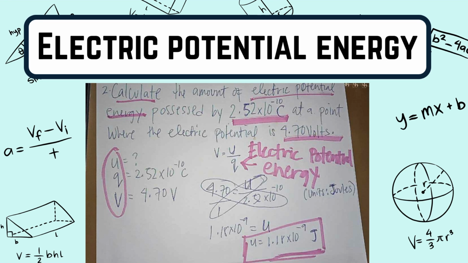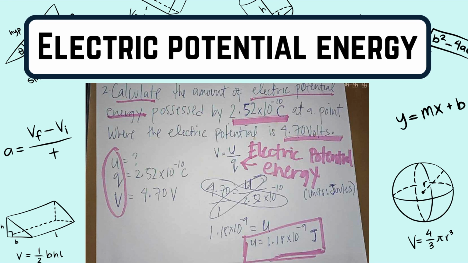So, this is the formula we will use. Okay? V equals U over Q. As you can see here, these circled letters that are involved are also the ones we will use in the formula. That's why I have written that here. Okay?